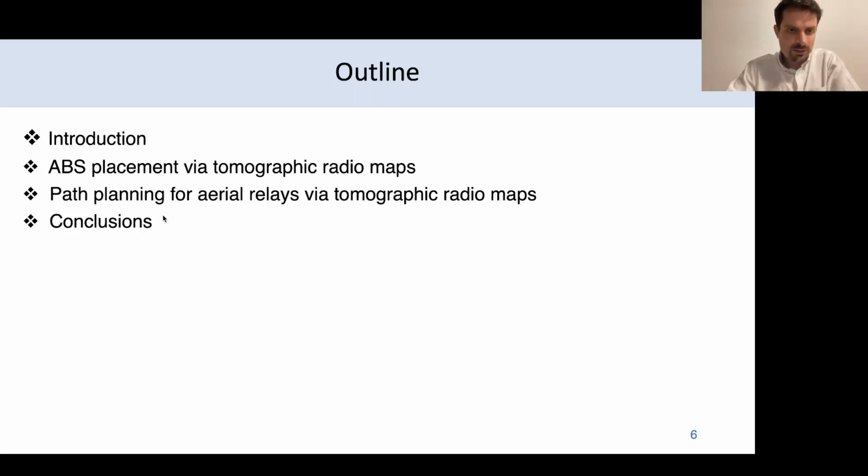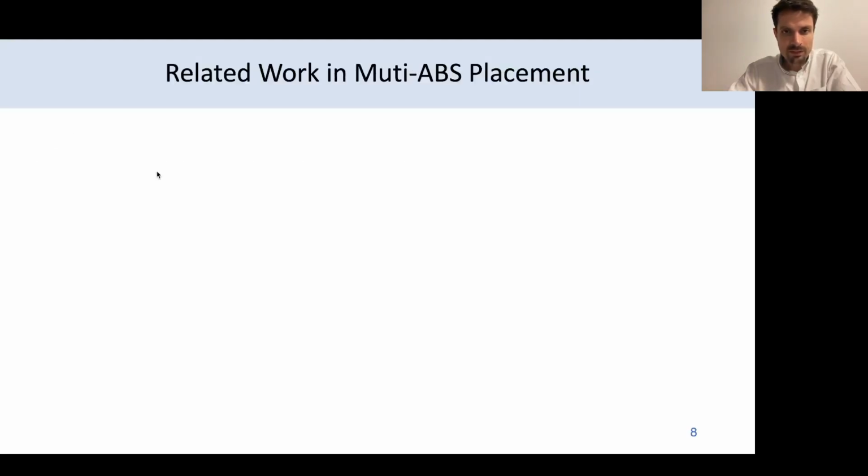So after this introduction, we will be applying tomographic maps to each of the problems that we introduced earlier, namely ABS placement and path planning for aerial relays. So let's start with ABS placement.